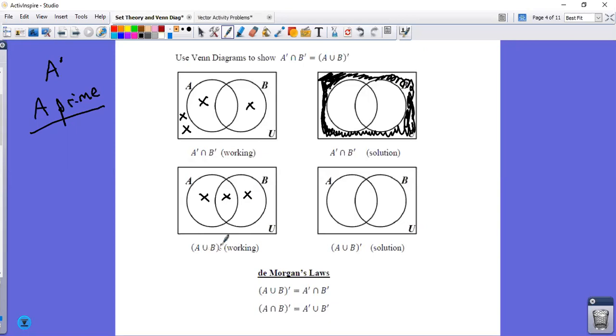So A union B complement is where I don't have X's, which again is outside of everything. So since the diagrams are shaded exactly the same, they are equal statements. So those two are equal statements. And some dude named De Morgan figured these out, so they're called De Morgan's Law, and we talked about them yesterday, but there's two of them.